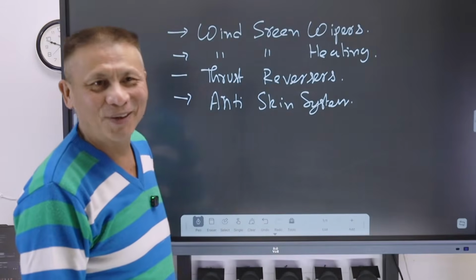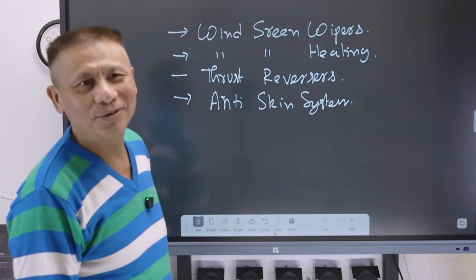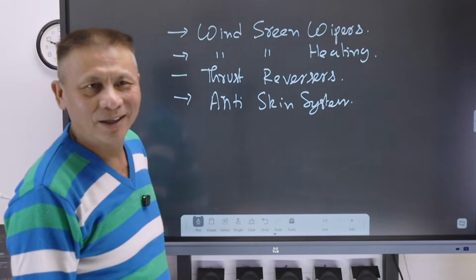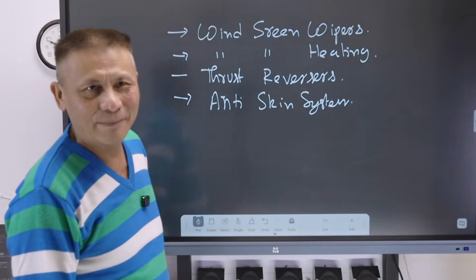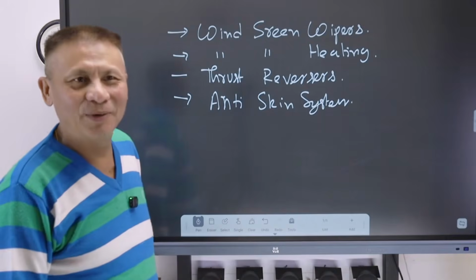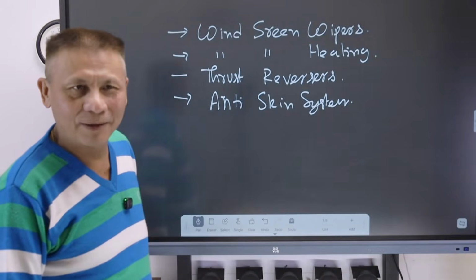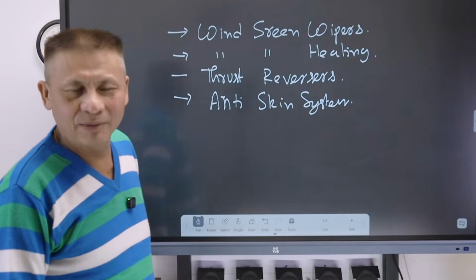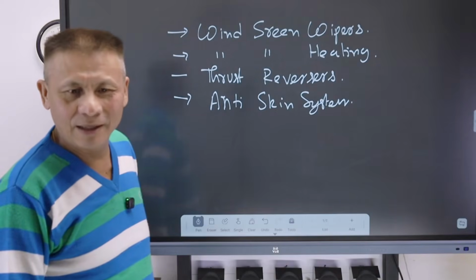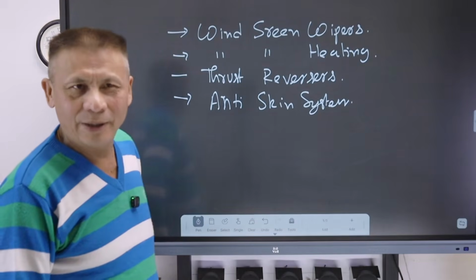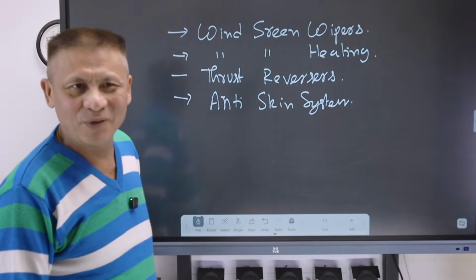Last but not the least, the pilot should be certified to operate for these low visibility operations. As far as the certification is concerned, at the end of the class, I'll be covering the recent changes in the regulations governed by the DGCA for pilots' training and qualification. So kindly bear with me and watch till the end of this video.